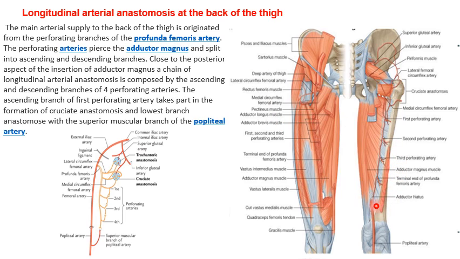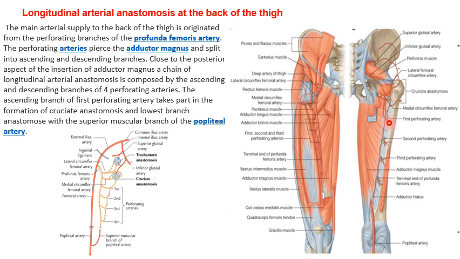So this longitudinal anastomosis is close to the posterior aspect of the insertion of the adductor magnus along the linea aspera. Now as these perforating arteries perforate from the anterior aspect of the adductor magnus, appear on the posterior surface close to its insertion, they divide into ascending and descending arteries, and these continuously anastomose with one another.